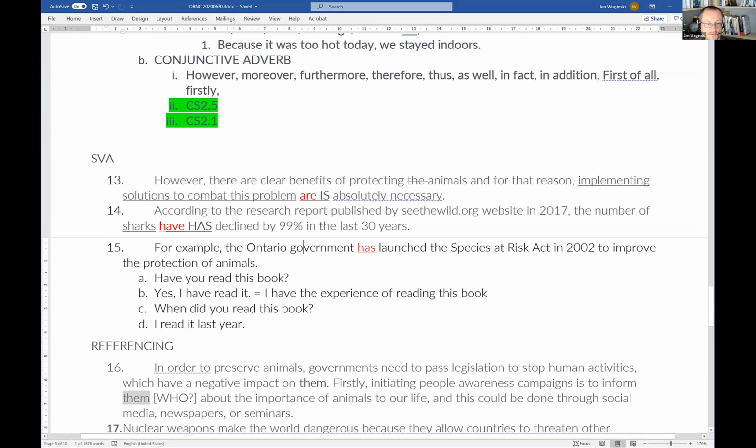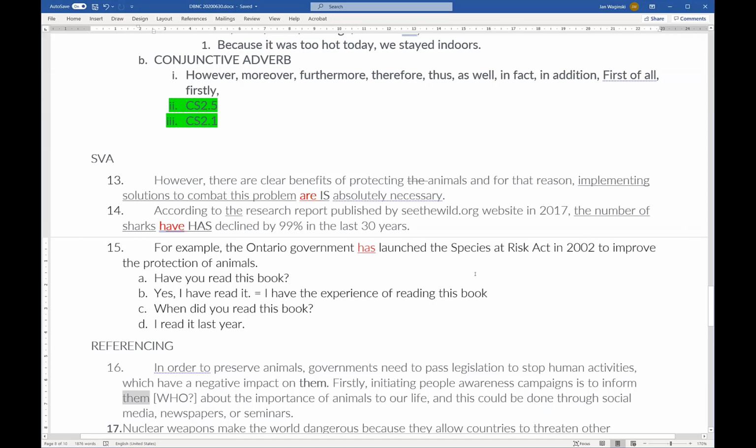Okay, so this issue of singular versus plural depends on the first word in the full subject. In this rule, don't use present perfect if you've got a past time. Any questions about that?